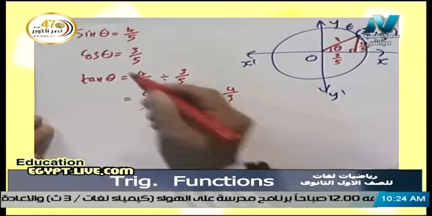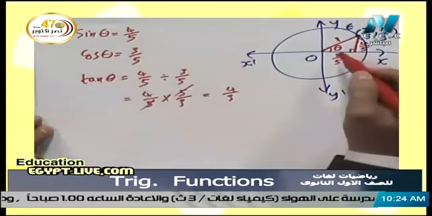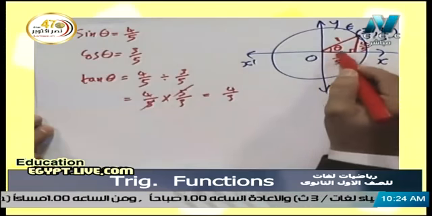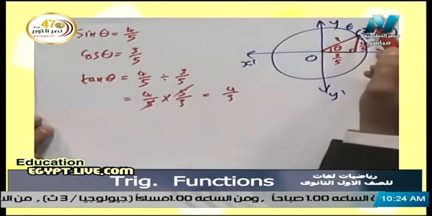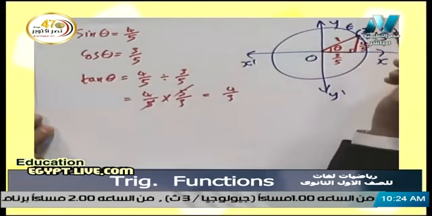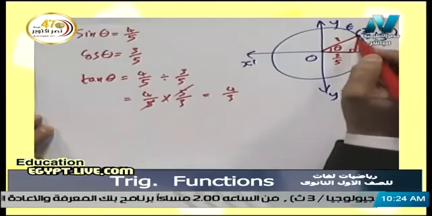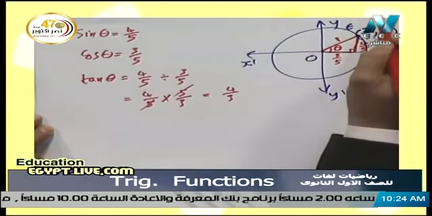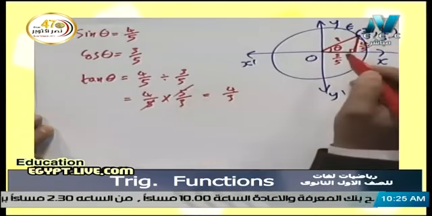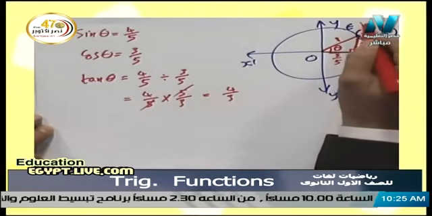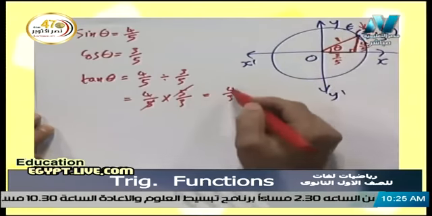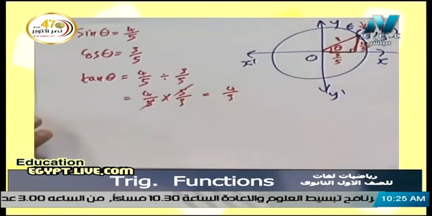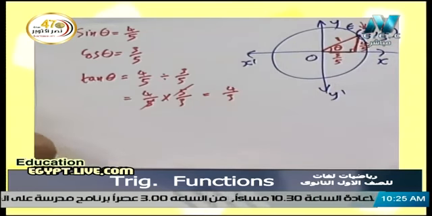So cosine theta here is this part, and sine theta is this part, which is y. This is sine, and cosine is this part, and tan is 4 over 3. Let's go to the reciprocals of sine, cosine, and tan.